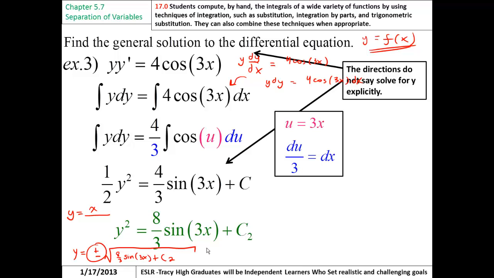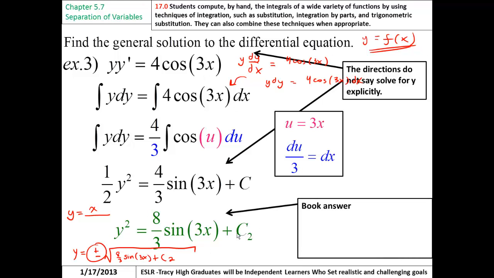And so it's probably not worth it, and when the directions don't say to solve for y equals f of x, you don't. And the book will give it to you like that, as stated by this unnecessarily large rectangle. So hopefully that was helpful for solving these differential equations, and I'll see you in part 3.